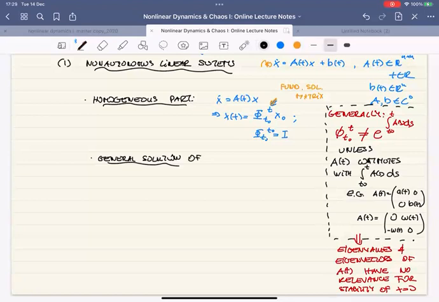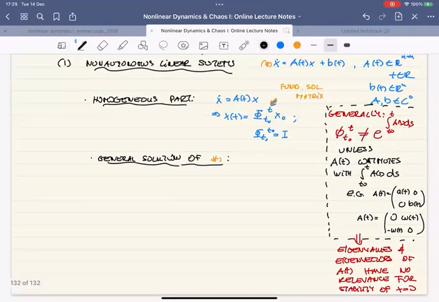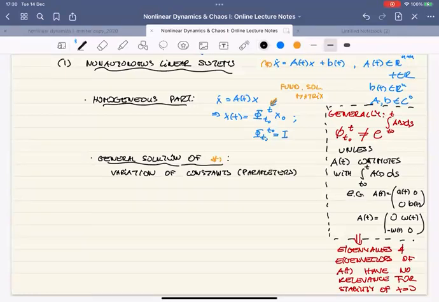There's a classic procedure which I'm sure many of you have seen, which goes by the funny name of variation of constants, which should be a contradiction because by definition constants don't vary, right? Nevertheless, that's it. Or sometimes variation of parameters, which again normally don't vary.